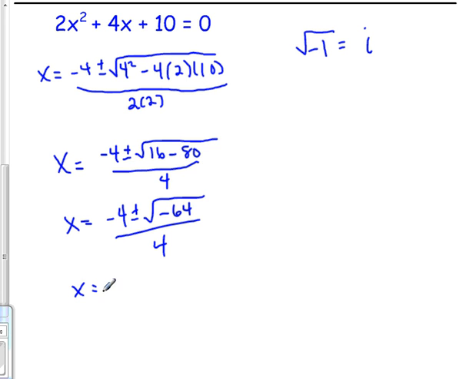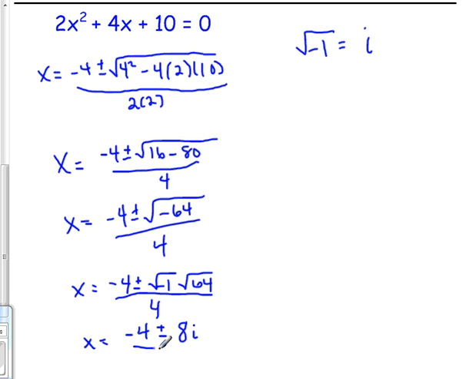Let's look at this a little differently. We get negative 4 plus or minus the square root of negative 1 times the square root of 64, all over 4. So x equals negative 4 plus or minus, well, the square root of negative 1 is i, and the square root of 64 is 8. So this is going to be 8i over 4.